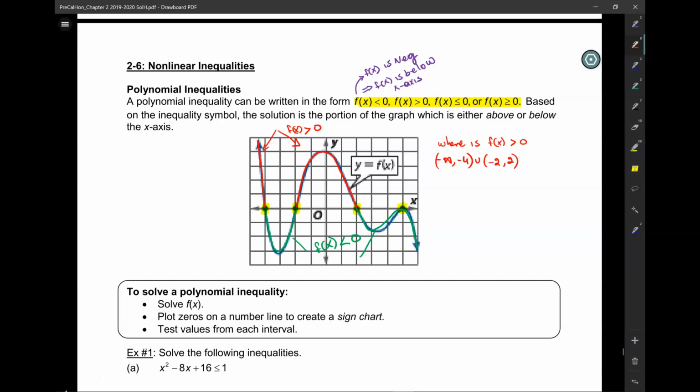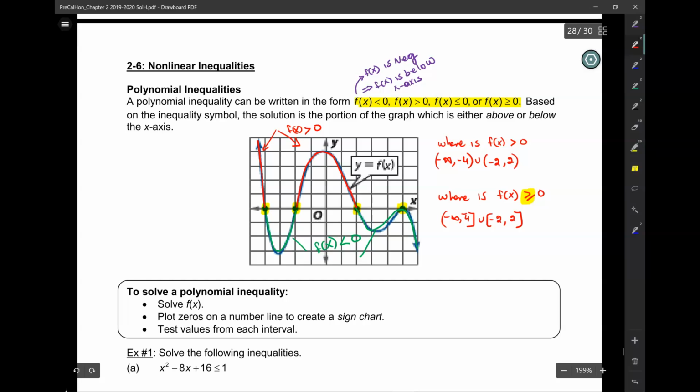Now, if I asked you, where is f of x greater than or equal to 0, that will be negative infinity to 4, including 4, and negative 2 to 2, closed brackets. Do you see the difference? One case is open parentheses, the other case is closed brackets.